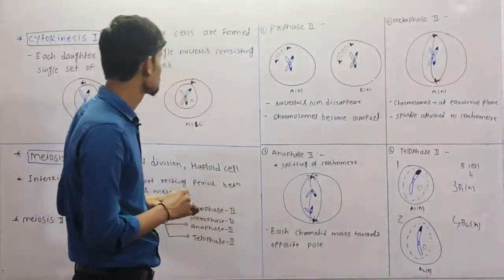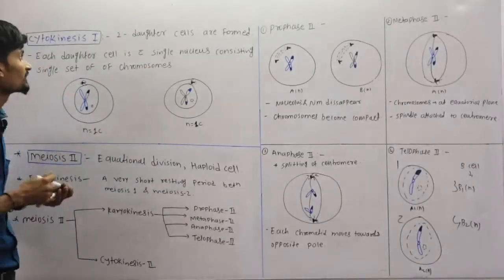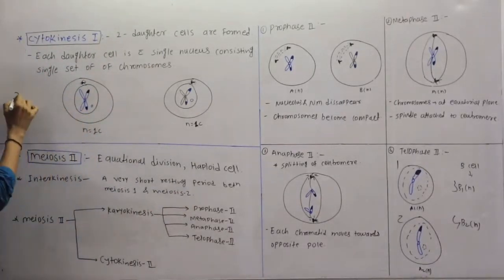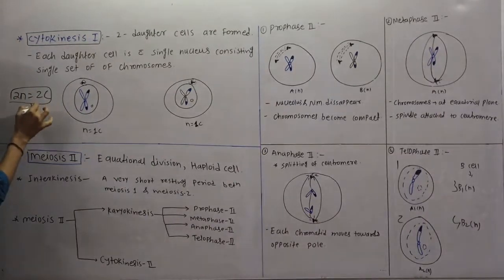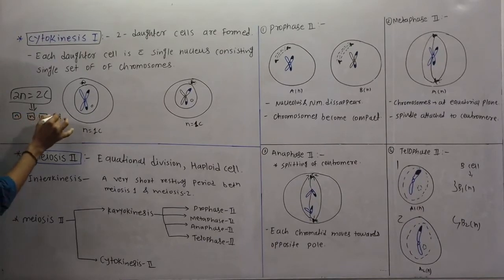So we start with one cell which has 2n equal to 2c, and from this we get 4 cells with n equal to 1c, 1c, 1c, 1c, one chromosome.